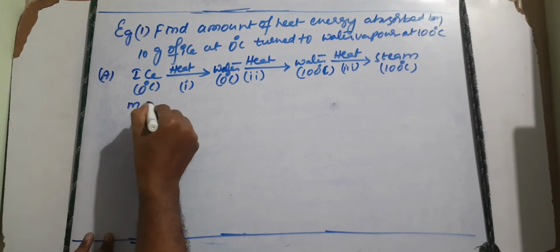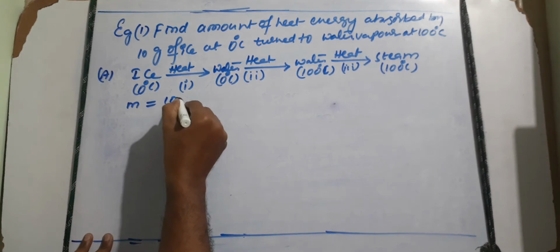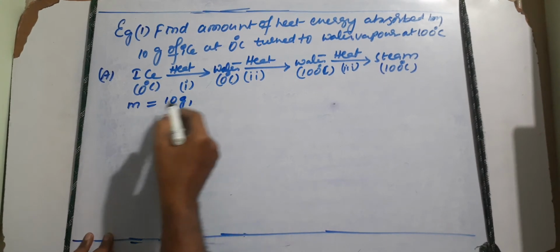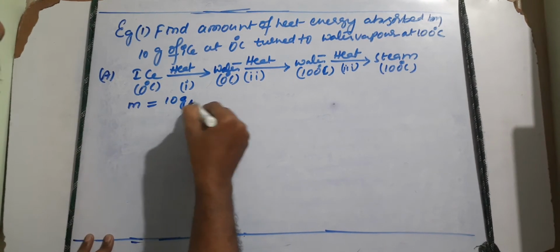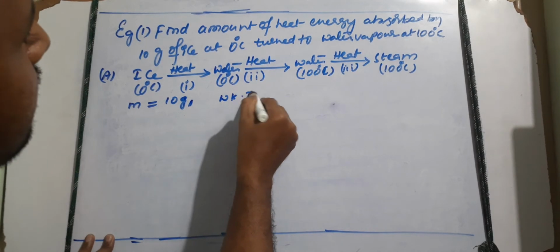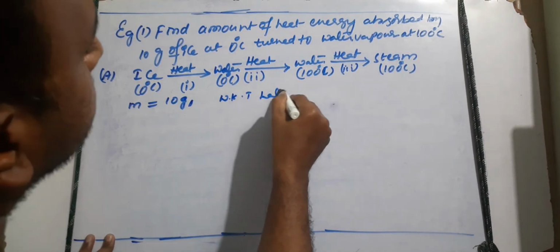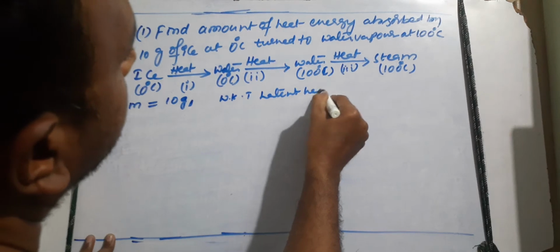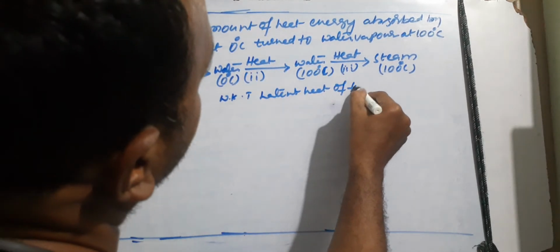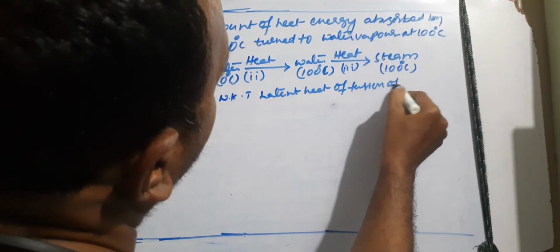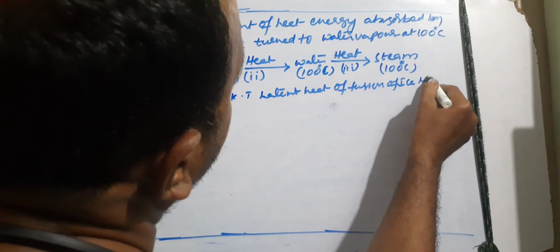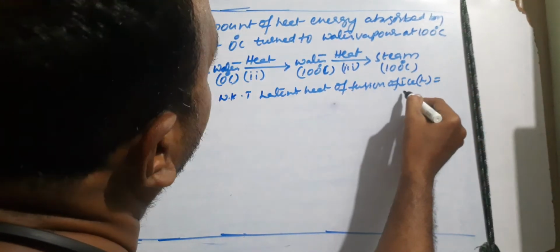So m is the mass of 10 grams, and we know that the latent heat of fusion of ice is a constant value, that is 80 calorie per gram.